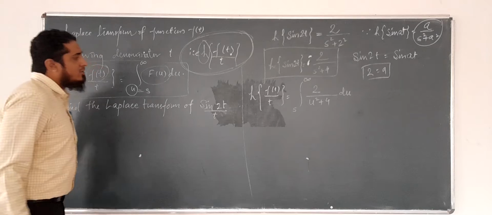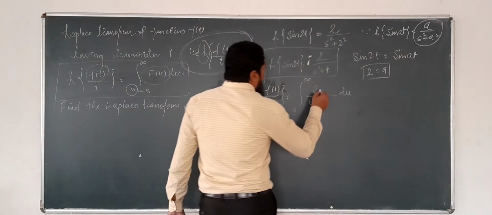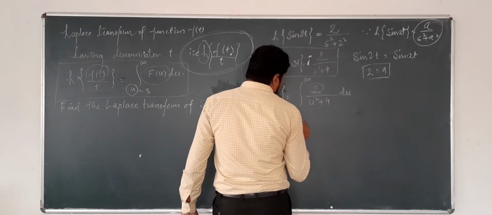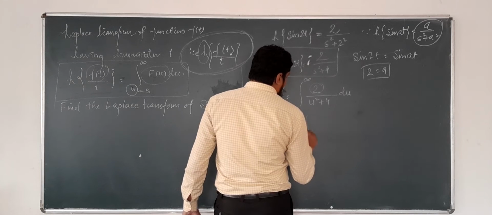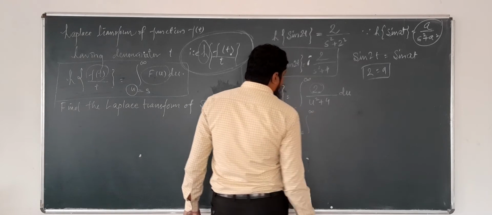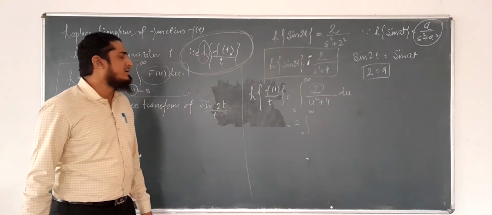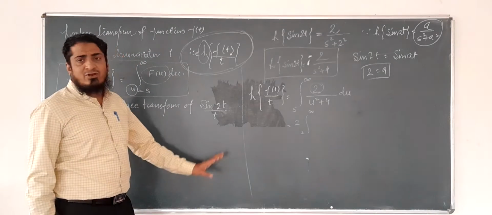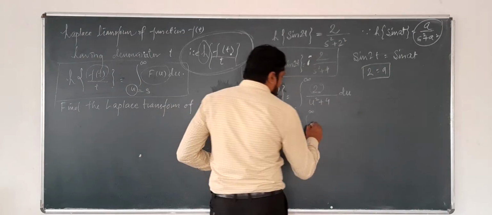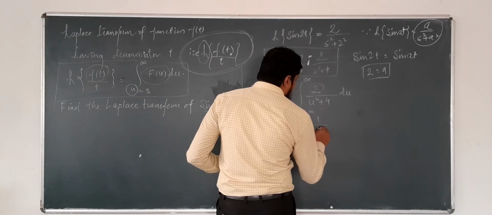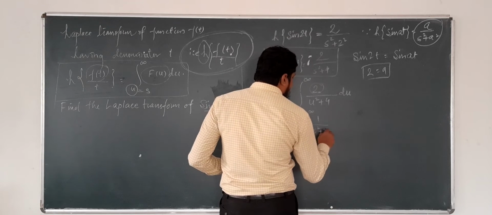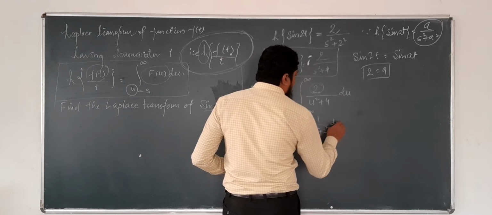Correct? Now, since 2 is a constant, we can take it outside the integral, and we get 2 into the integration from s to infinity of 1 upon u square plus 2 square du.